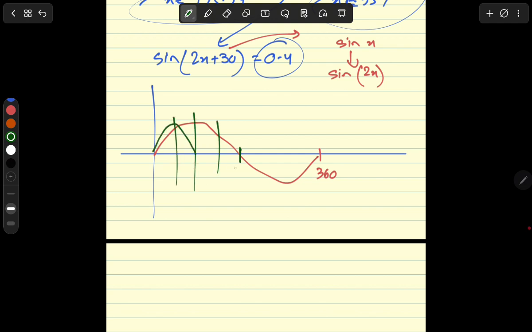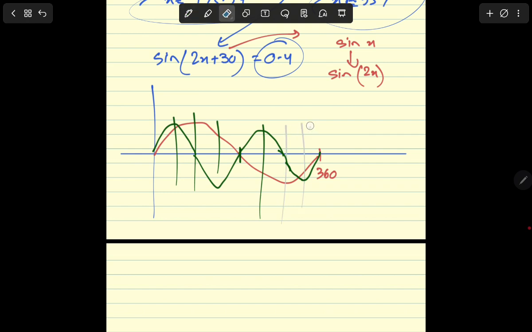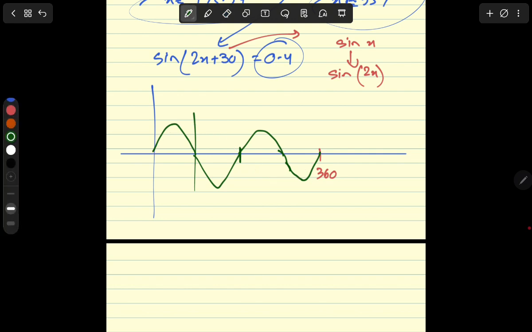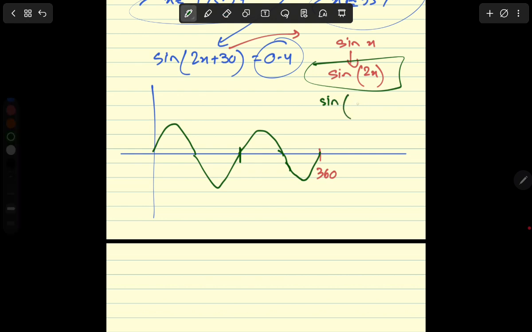So our curve goes like this, and similarly, the curve goes like this. Now, this is our revised curve for sine of 2x. If this was g of x, now we do g of x plus 15.